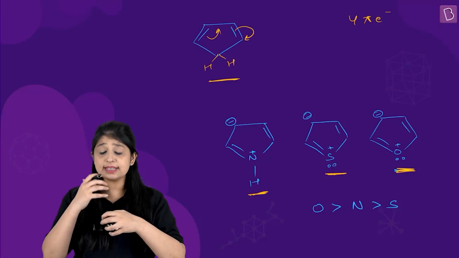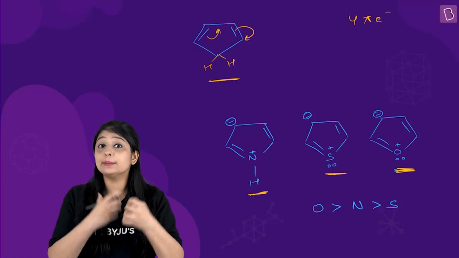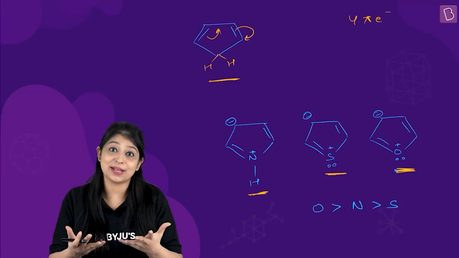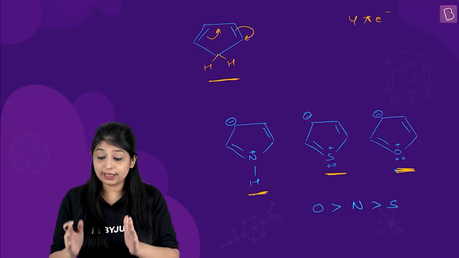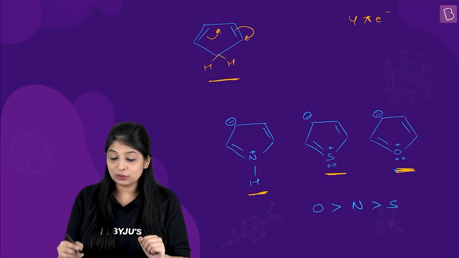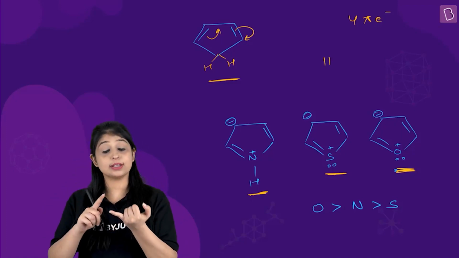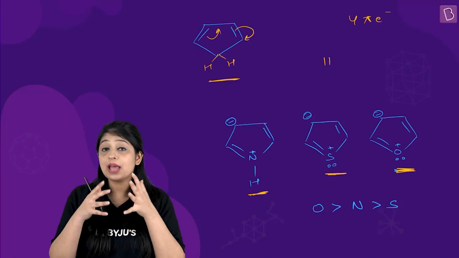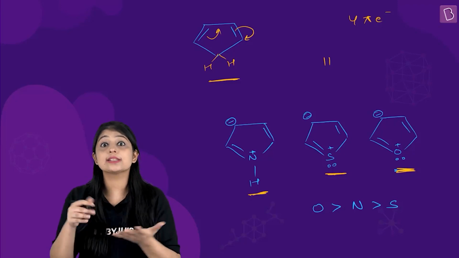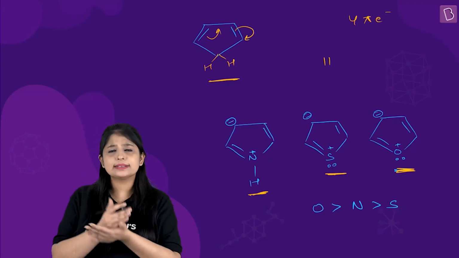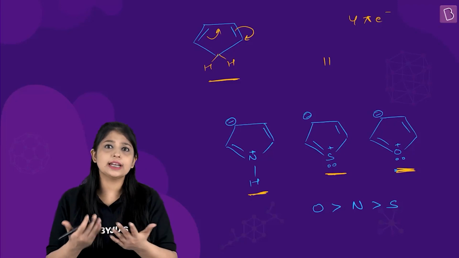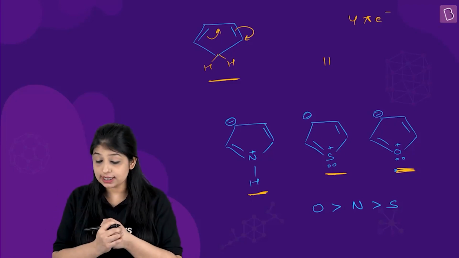So since the more stable the resonating structures, the more will be the resonance energy, looking at this information, what do we know? We know that the second compound will have the highest resonance energy. Why? Because it is being stabilized by aromaticity, because of the delocalization of 6 pi electrons and following all the 3 criteria for a compound to be aromatic.